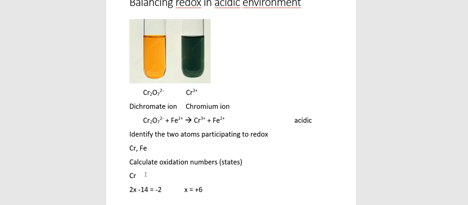So the chromium goes from an oxidation state of plus 6 to being Cr3+, so it has an oxidation state of plus 3. That's right. So it means it has been reduced. It has gained 3 electrons.